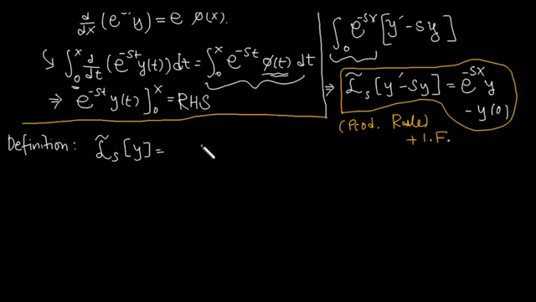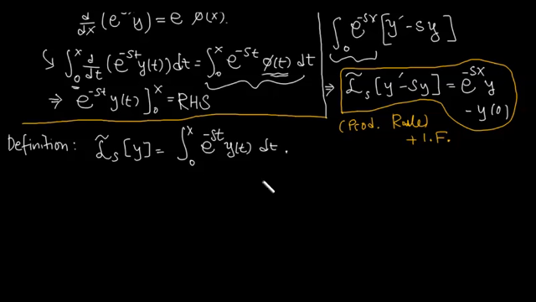First we multiply the function y by e to the s times x, but we're going to eventually hit it with the integral, so you have to change to the dummy variable t there. That's the first part of this operator, and then we integrate from 0 to x, dt. So this is called the L tilde s operator.